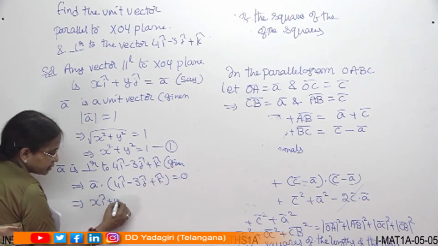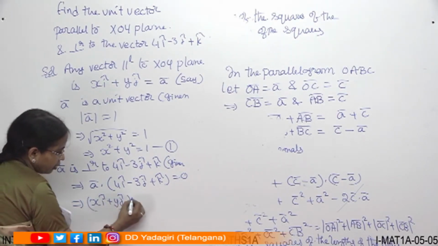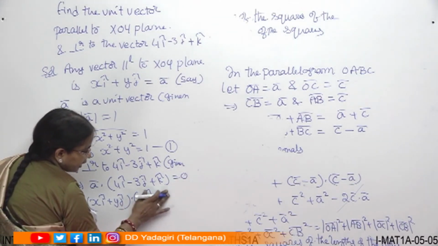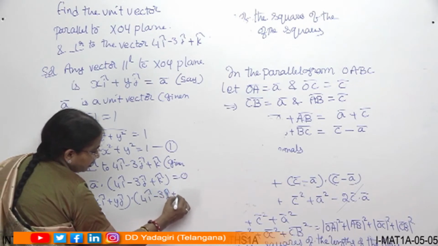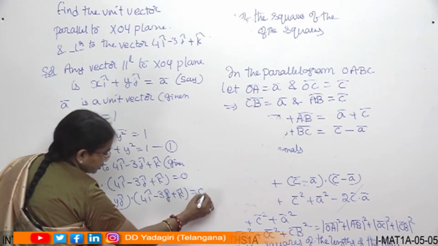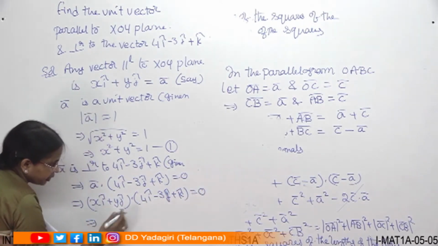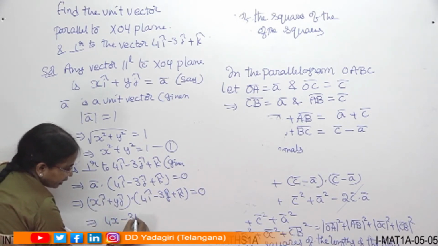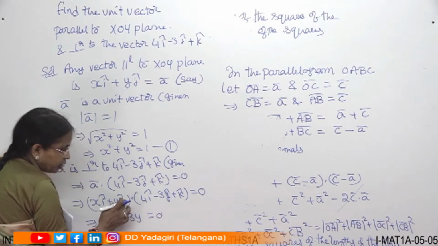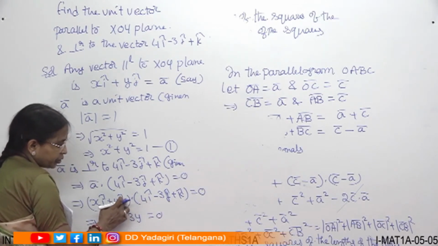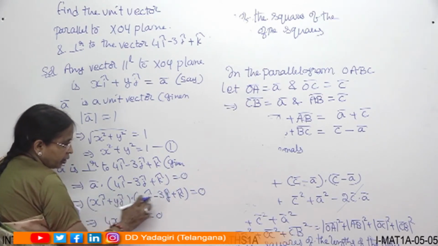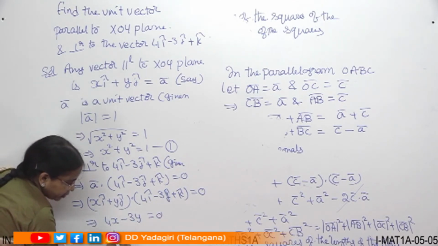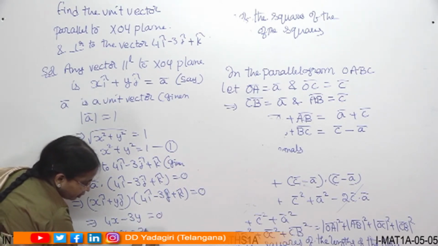So (xi plus yj) dot (4i minus 3j plus k) is equal to 0. When you take the dot product, it becomes 4x minus 3y is equal to 0. K is not there, so it is 0k, and 0 into 1 is 0. So 4x is equal to 3y.